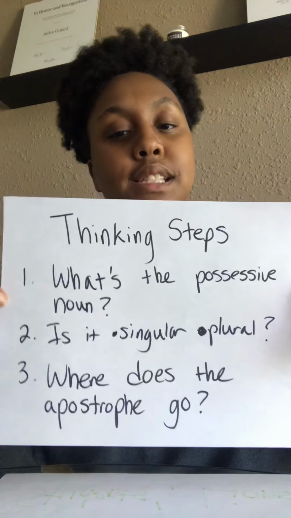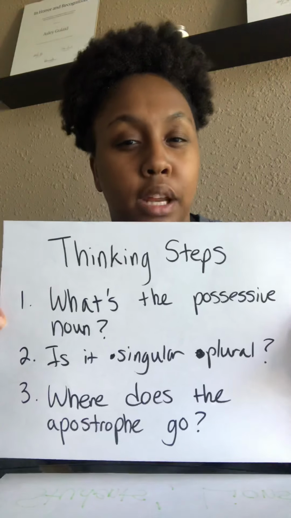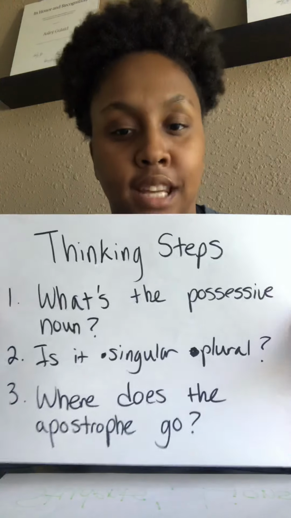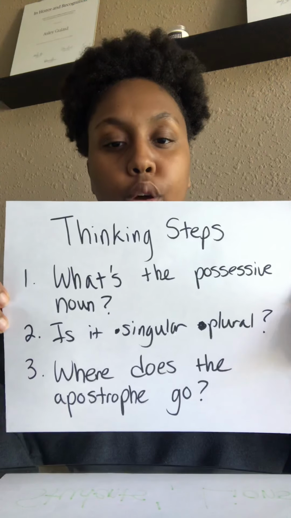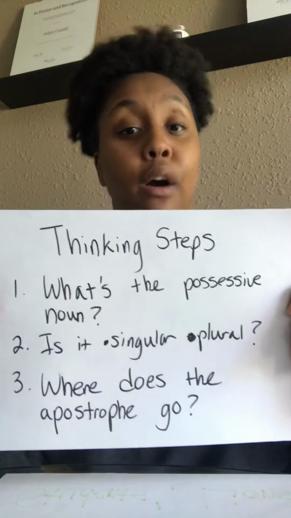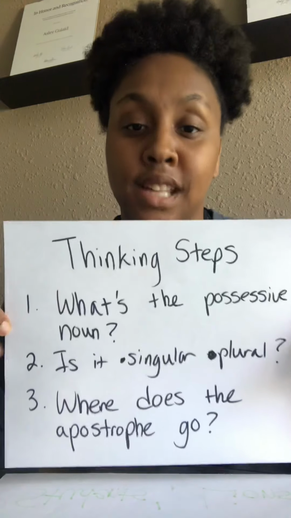Number two: is it singular or plural? So I have to think about it. Was that S already there to make it plural, or was there no S and it's singular? Three: where does the apostrophe go? Does the apostrophe go after the S for plural, or does it go before the S for singular?